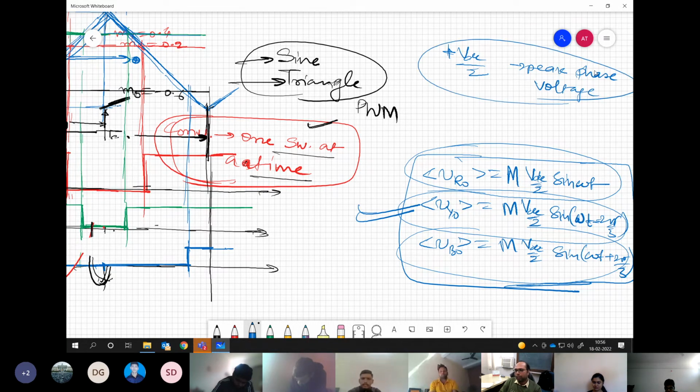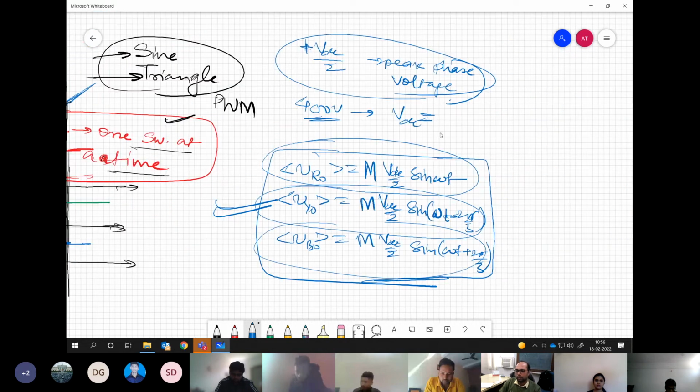So you can quickly compute that if you have, let us say, a 400 volt motor, how much DC bus will be required for your 400 volt line to line RMS. So what will be the DC bus requirement? Can you suggest? 326.59, so that is the peak phase value.